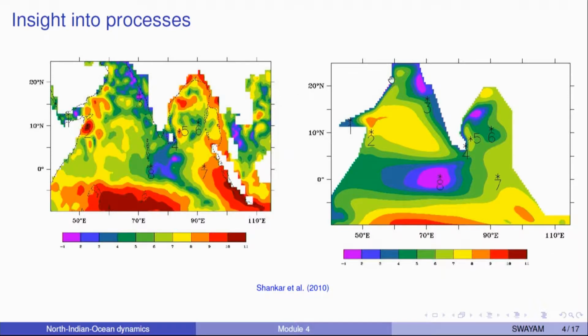But we also saw that the solution in the linear system is much smoother than in the observations, and that a nonlinear model is able to simulate the patchiness that you see in these minima, say off the west coast of India or off the coast of Oman. So the simulation is much more accurate in a nonlinear system. Unfortunately, however, it is the linear system that allows you to explain why it happens.